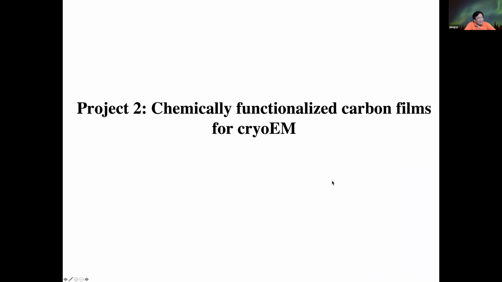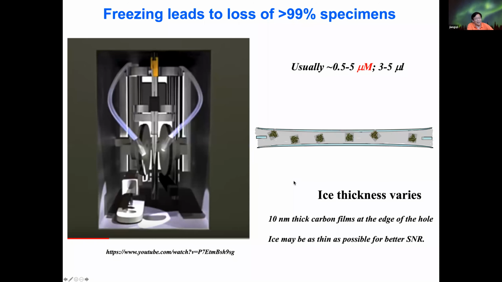The second project I'm going to tell you is a new method we developed for Cryo-EM, which we call the chemically functionalized carbon films. The general idea comes from the flash freezing step.